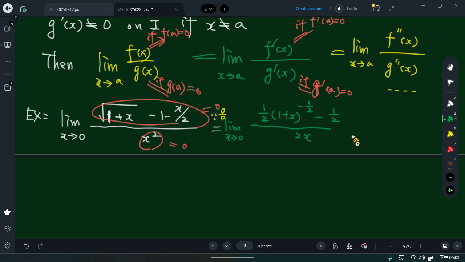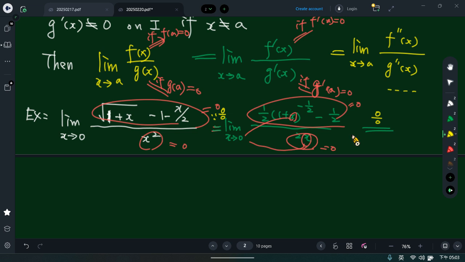If I use 0 here, you can see it will become 0 again, and also 0 again. So we can just do it again. So we just find it will be 0 over 0 again, right?